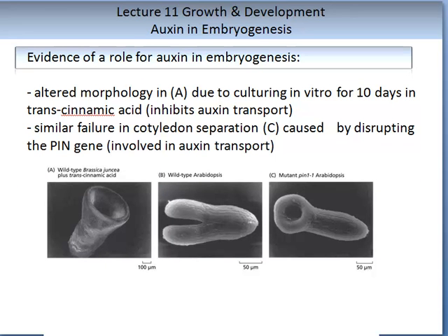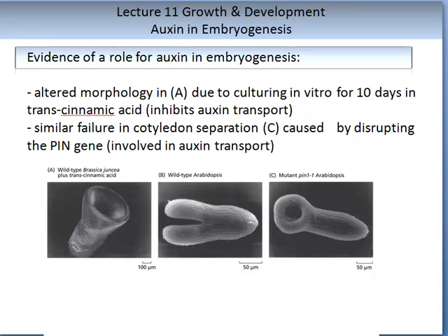Indeed, there is evidence in the literature to support the role of auxin in embryogenesis. The figure on your slide, 16.7 from the recommended text, illustrates the results of putting in various compounds that either inhibit or promote auxin transport, and how this in turn impacts the developing embryo.